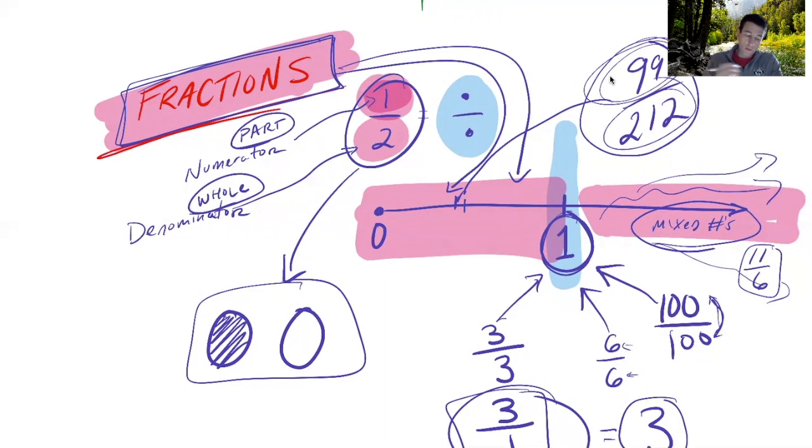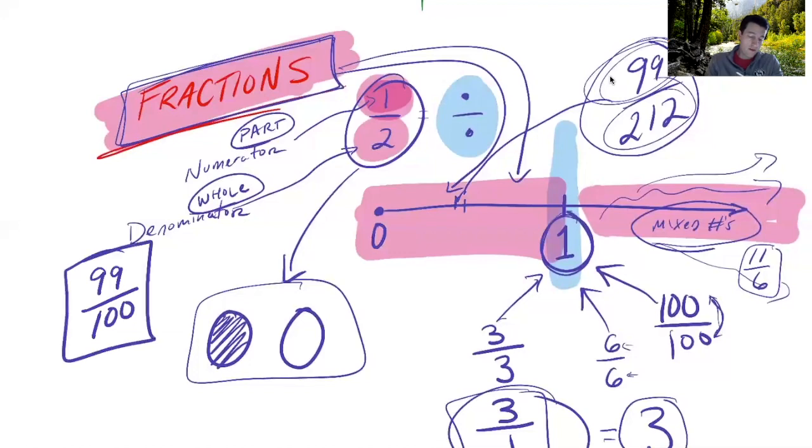An example would be 99 over 100. You are incredibly close to 1. A small one would be something like 1 over 100. You have something there. It's not 0, but it's very, very close.